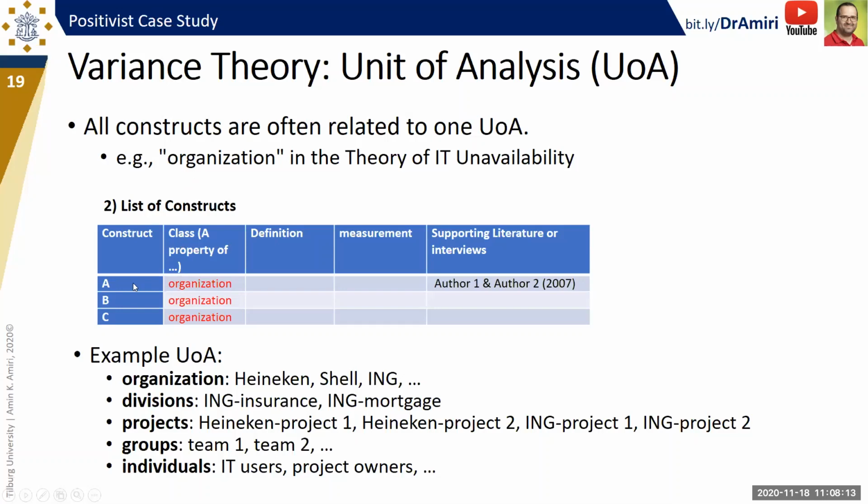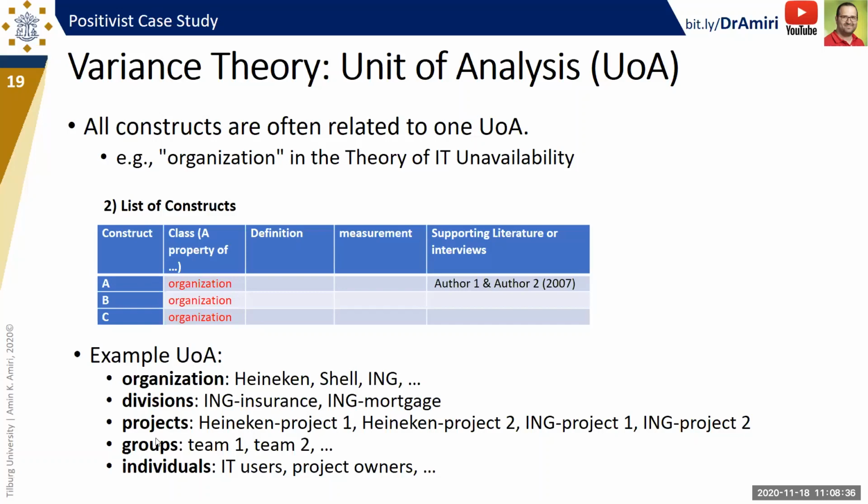So you always need to identify what this construct belongs to. This is a property of what thing in this world? Examples are organizations like Heineken, Shell, ING, divisions of those organizations, projects, groups, and individuals.